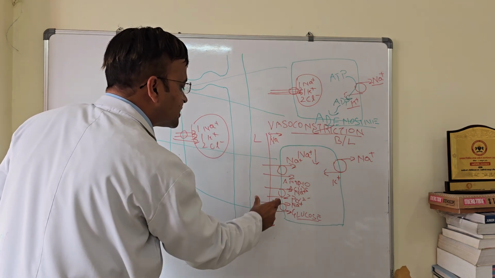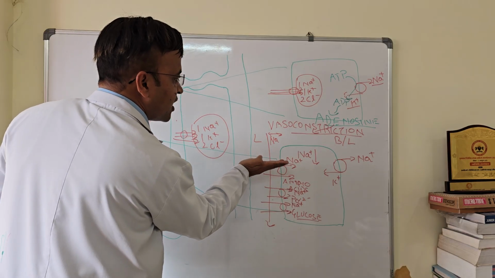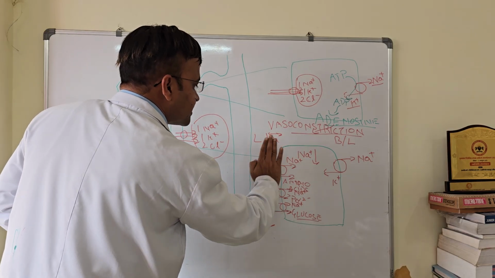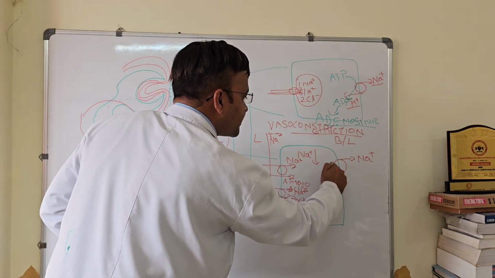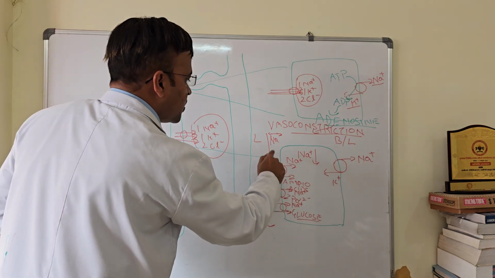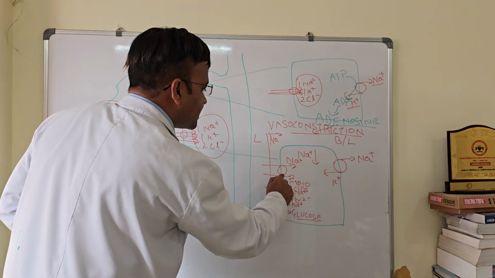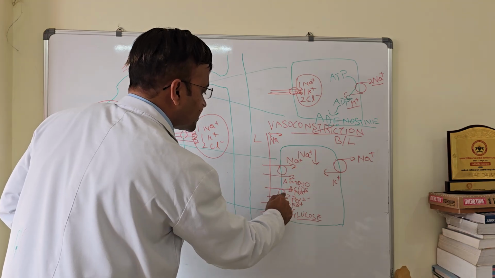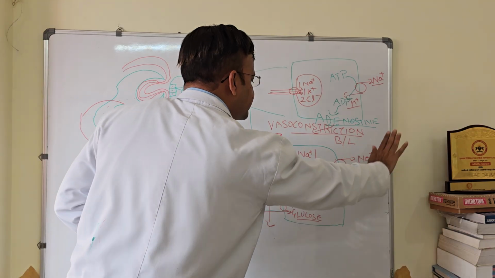This is the luminal side, the side from which the filtrate is flowing, right? Now there will be a gradient. Here we have got higher concentration and here we have got lower concentration, created by this sodium potassium pump, right? Now this sodium will enter inside and will take along the amino acids, phosphates and glucose. This much is clear, right?